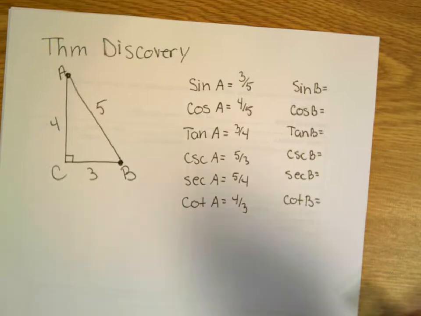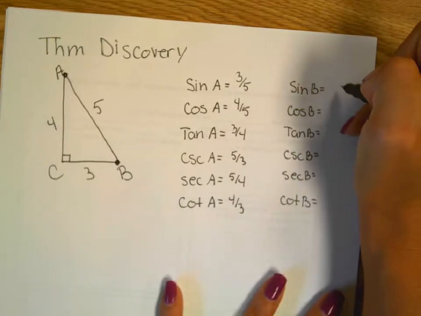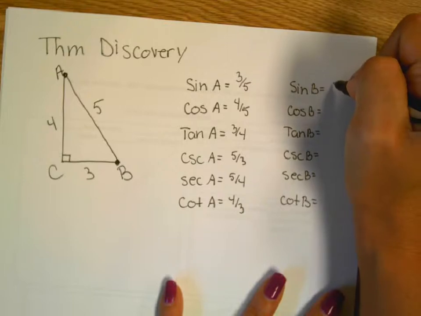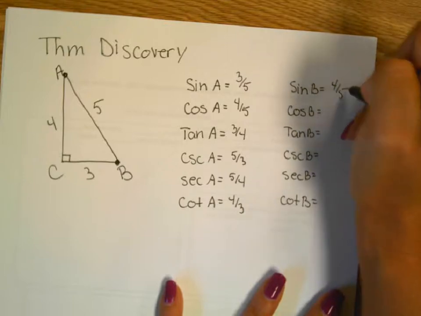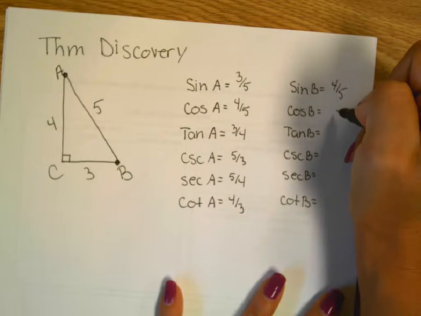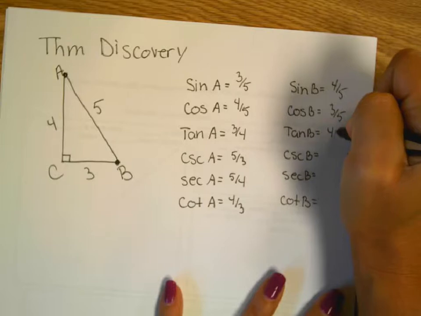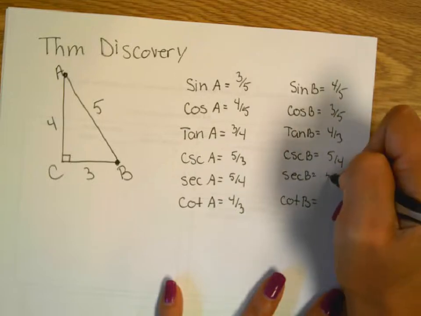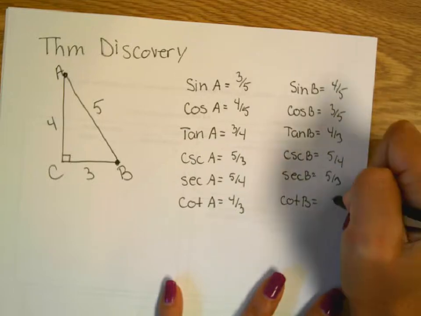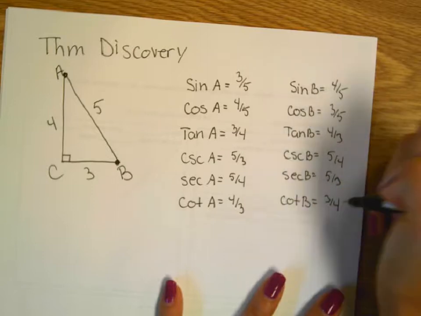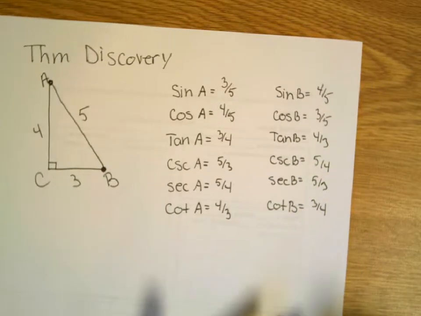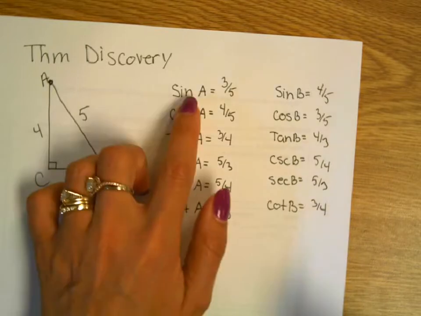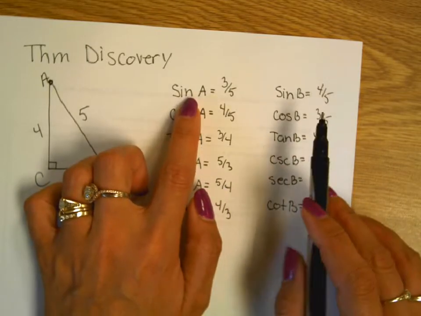Got them? Casey, you want to run through them, please? 4/5, 3/5, 4/3, 5/4, 5/3, 3/4. Okay. Now we want to look at cofunctions, but one from this column and one from this column.